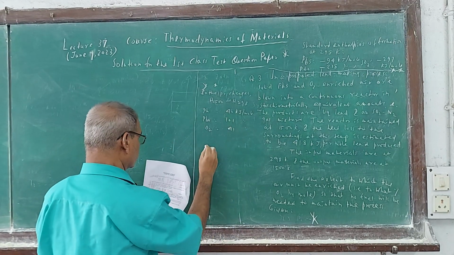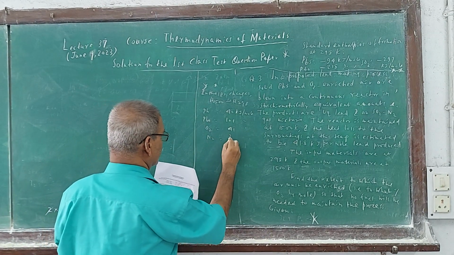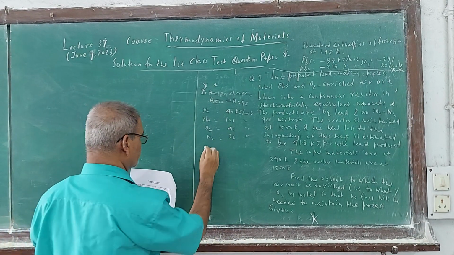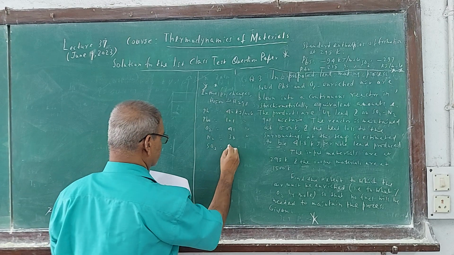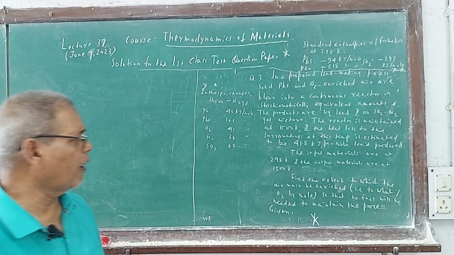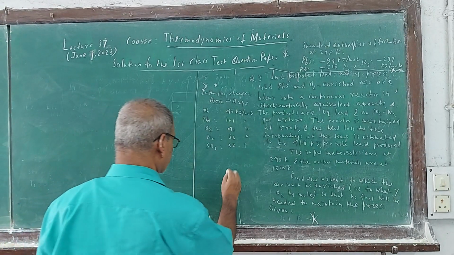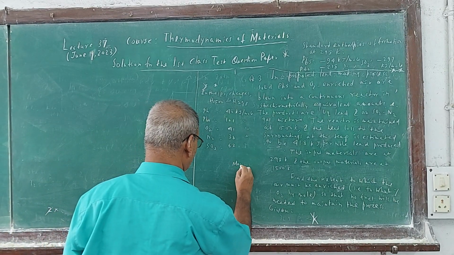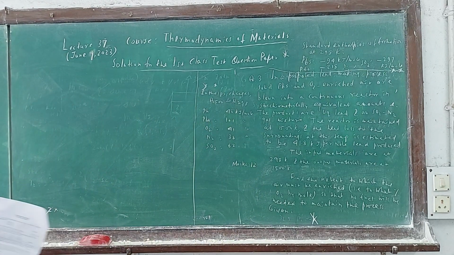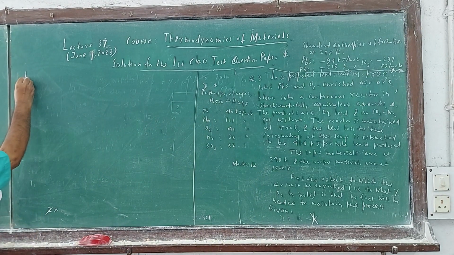Nitrogen, 38. And last is SO2, 62. This is the problem. How many marks? 12 marks. Quickly, very quickly.